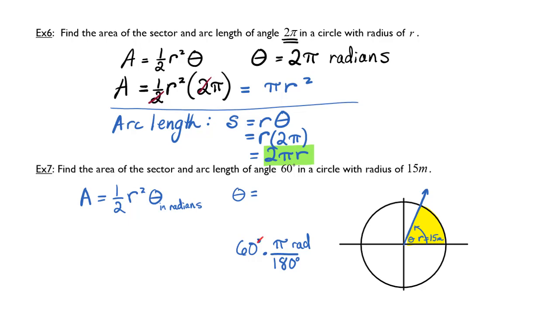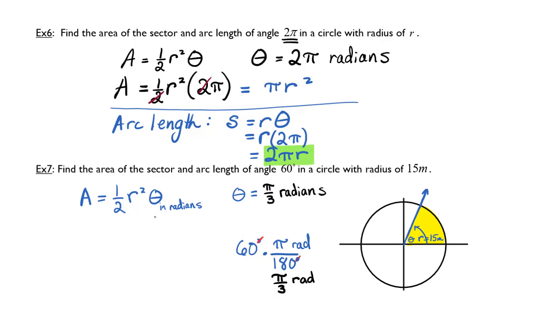Then I will divide out the degrees just to keep track that now I'm in radians, and then reduce. So this is equivalent to pi over 3, and that's in radians. So theta is pi over 3 radians.